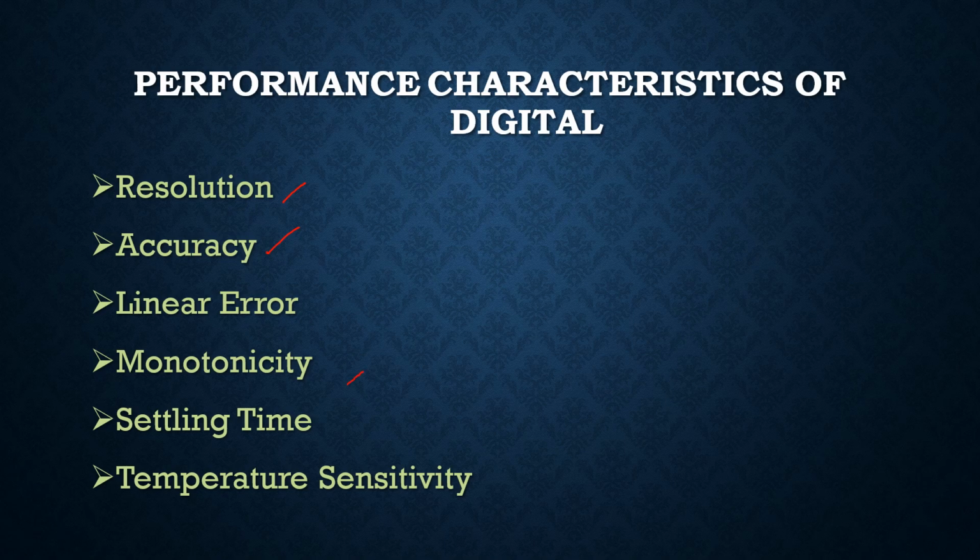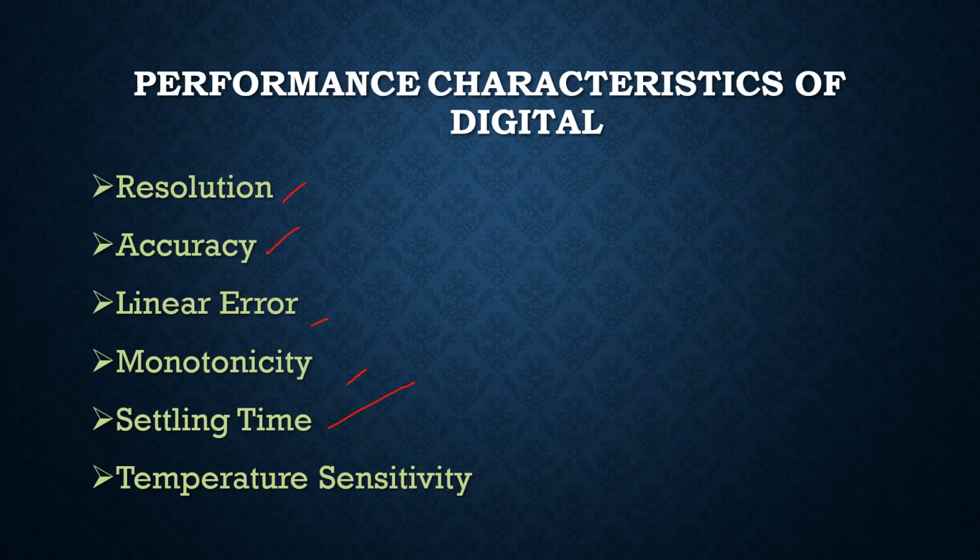Next we have settling time. Settling time means when the digital input signal changes, it is desirable that the analog output signal should immediately show the new output value. But in actual practice, if we check a graph in MATLAB, for example, initially the graph will not come to a trace.